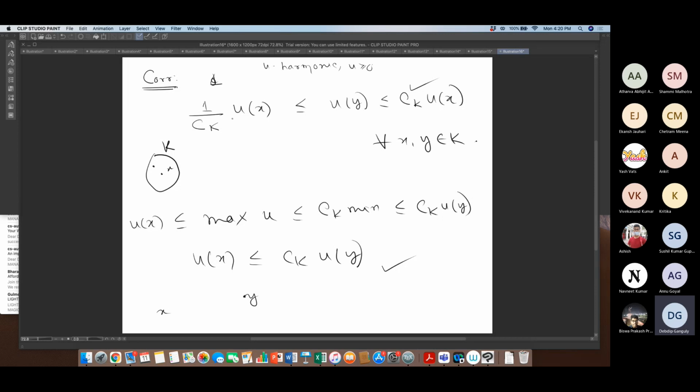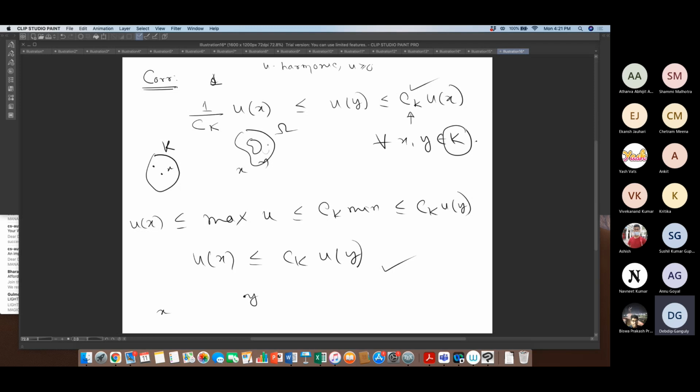But you should be very careful that it has to be a compact set. You cannot do it for any arbitrary points x, y in a domain omega. No, not at all. You have to fix the compact set. Then inside that compact set you can estimate the value of u at any two points, with some constant which depends on the set.